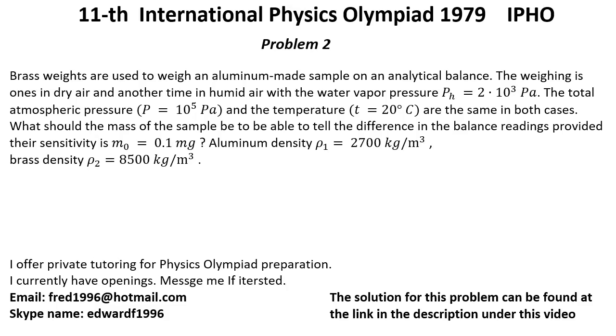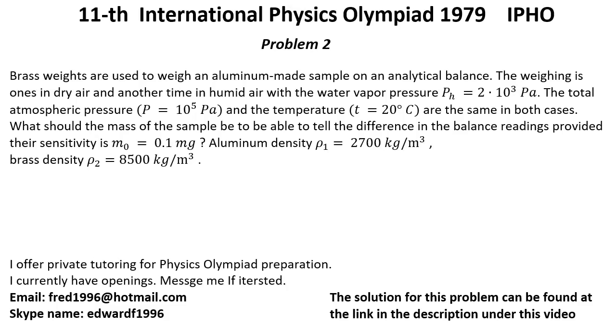The total atmospheric pressure P equals 10 to the power 5 Pascal, and the temperature is 20 degrees Celsius, the same in both cases. What should the mass of the sample be to be able to tell the difference in the balance reading, provided the sensitivity is M0 equals 0.1 milligram?